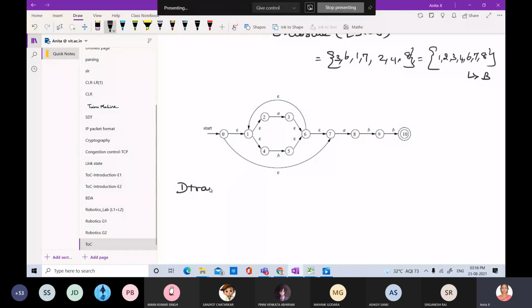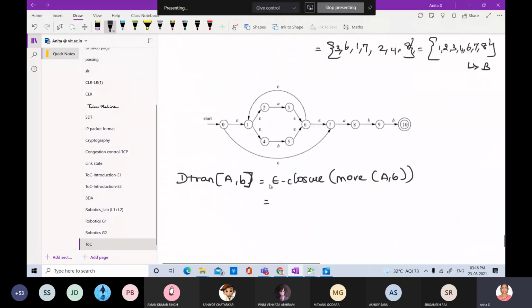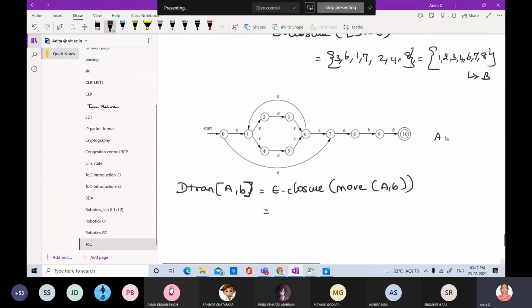Dtran of A, comma B. So what is Dtran of A, comma B? Epsilon closure of move of A, comma B. So what is move of A comma B? What is A? A is nothing but 0, 1, 2, 4, 7. Let me note it down, right? 0, 1, 2, 4, 7.